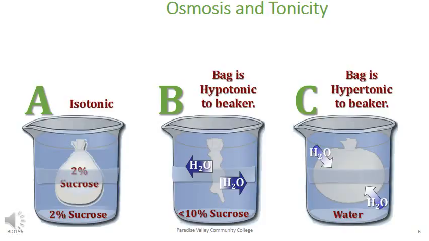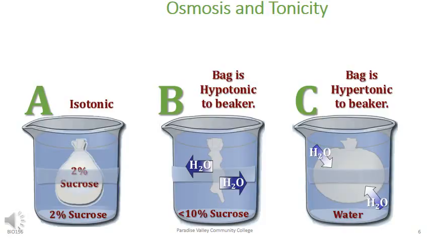We put the bag in the solution and things start to happen. Because there is less sugar inside the bag than in the beaker, that means there is more water in the bag because there's more room than in the beaker. The 10% sucrose in the beaker is taking up more water than the 2% sucrose is taking up in the bag.